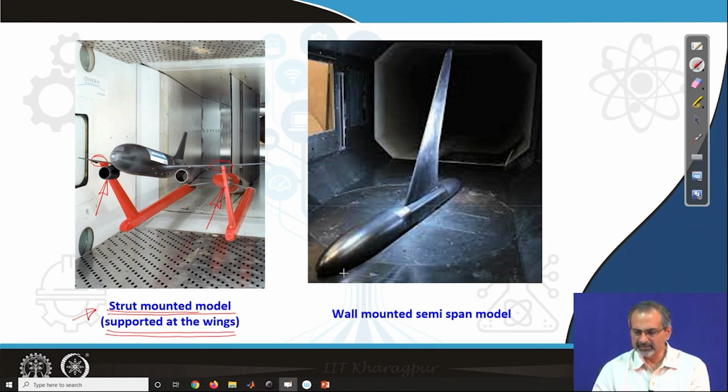Again, here is another interesting case where you are not able to see the entire aircraft.